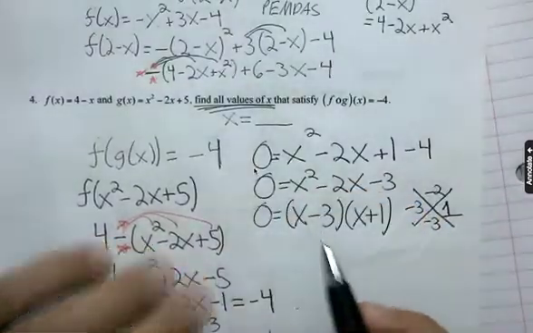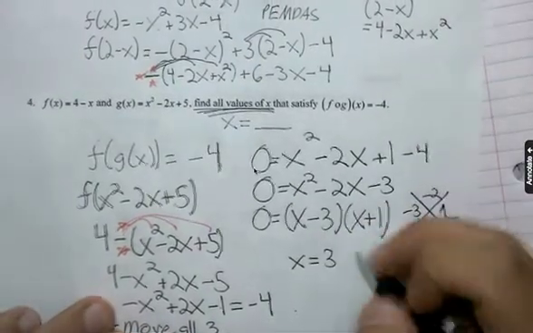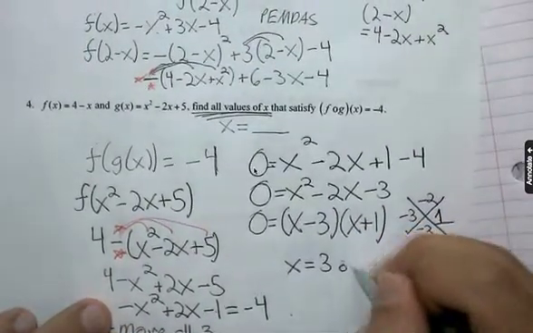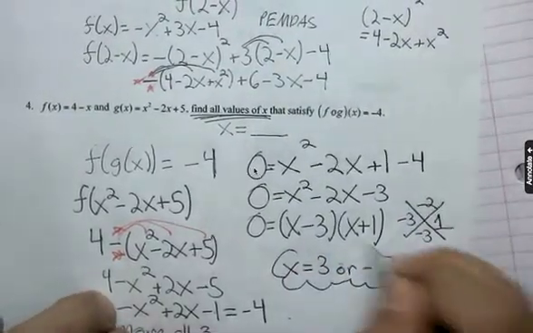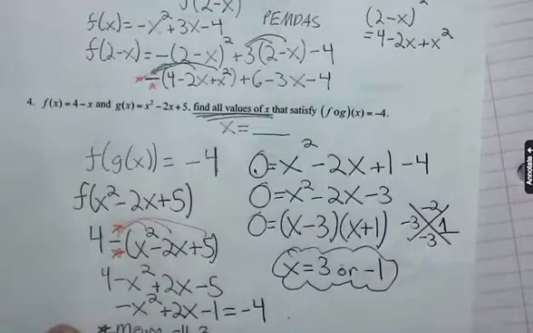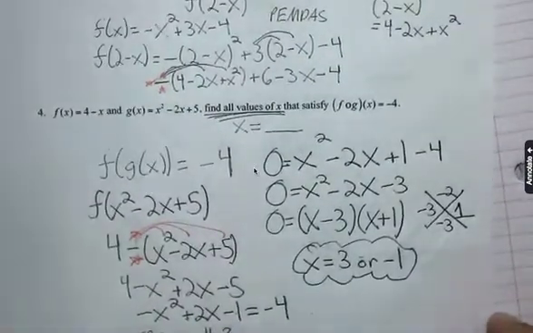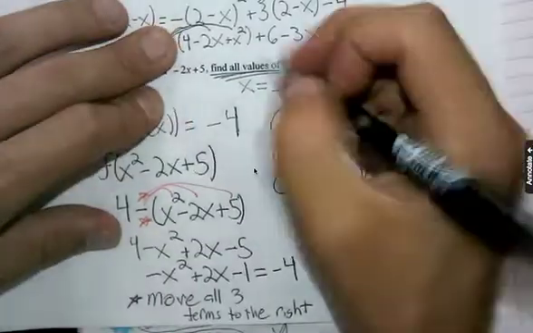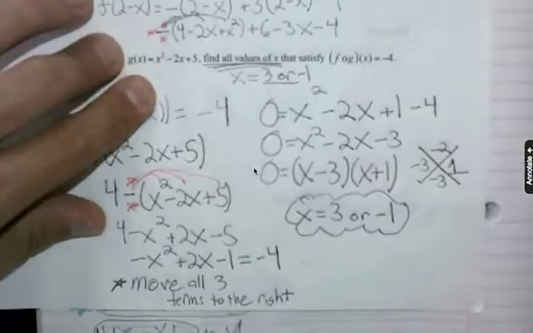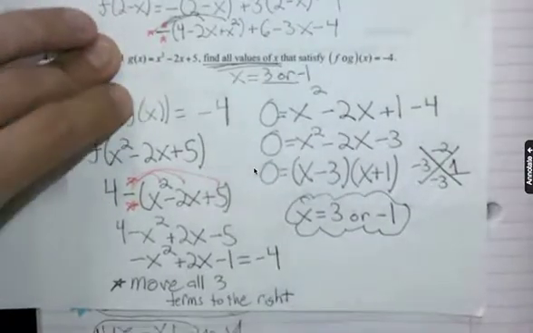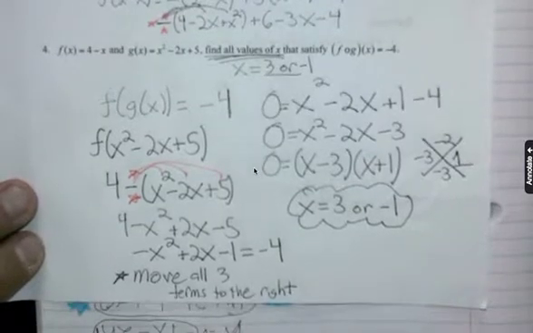Eventually, when we solve for these roots, the only numbers that make sense are going to be when x is 3 and when x is negative 1. So that's our final answer here. The values that make sense are going to be 3 or negative 1. We don't want to say 3 and 1 because then that's implying 3 equals negative 1 and then math explodes. So we don't want to say that.